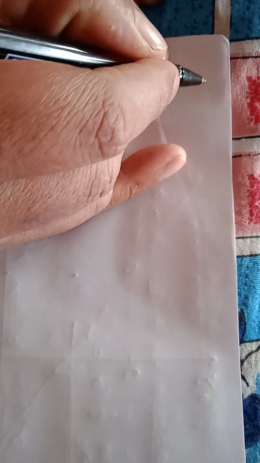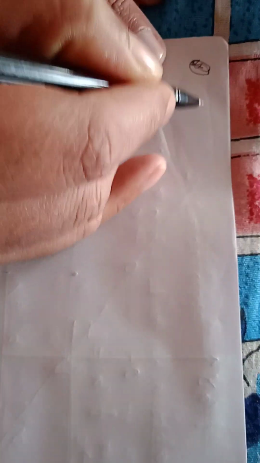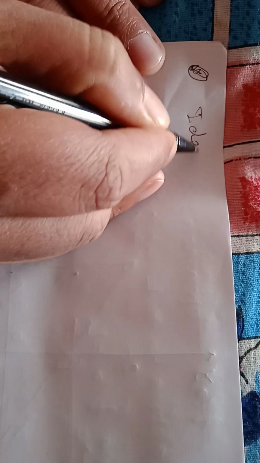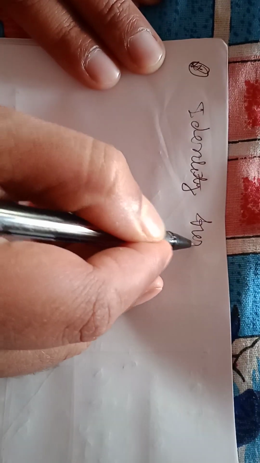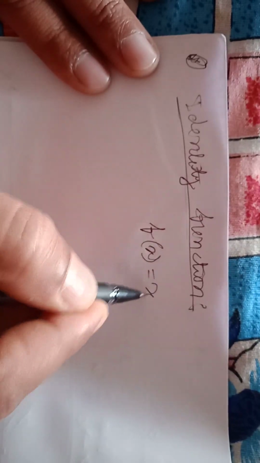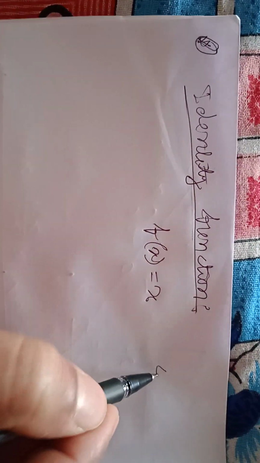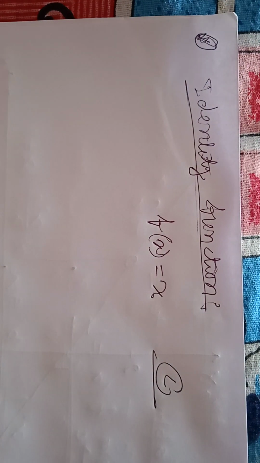Next, come to two functions. One is the identity function. As we know, the identity function is f(x) equals x. Let c be a point or real number.